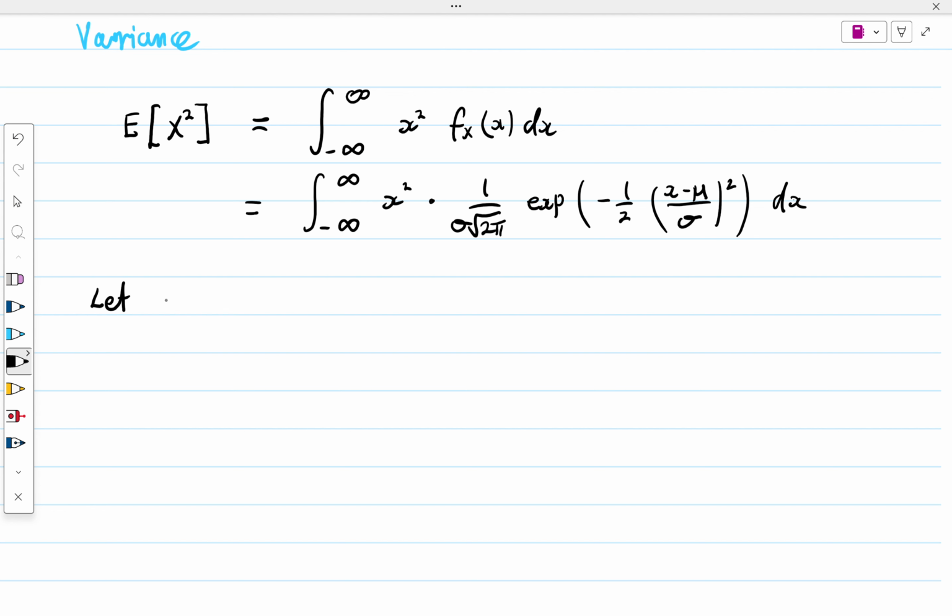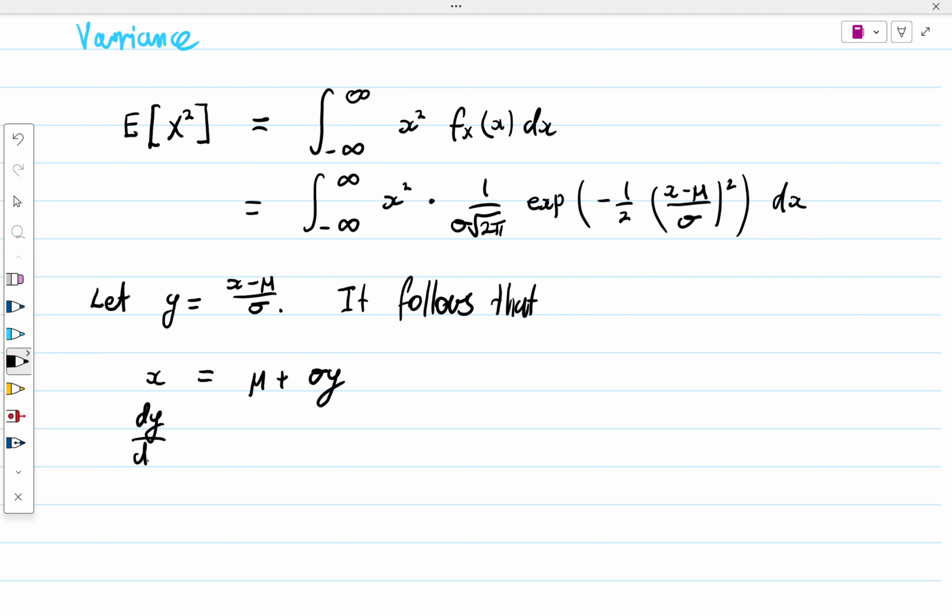We will say let y equal x minus mu on sigma, and then it follows that, well, let's again derive the same sort of expressions. x has to be equal to mu plus sigma y by rearranging the linear equation. dy on dx, as we discussed before, was 1 on sigma, which in this particular case means that dx is equal to sigma dy.